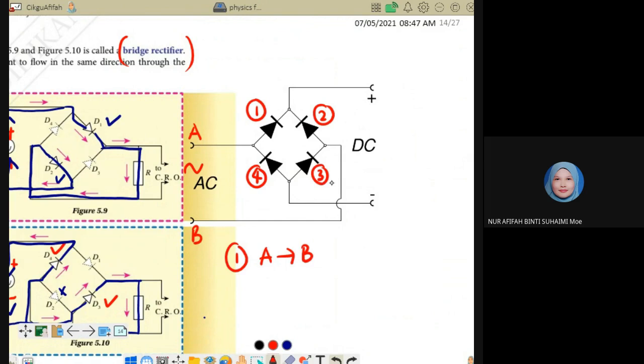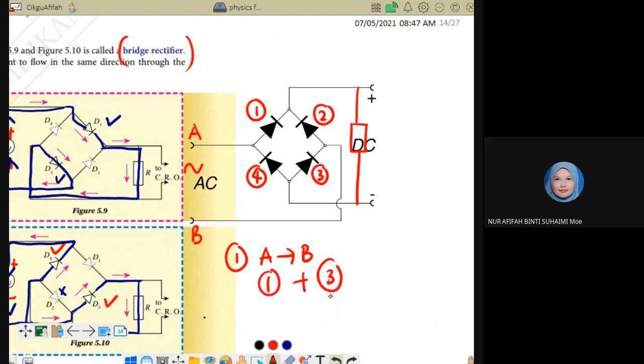Okay, diode number 3. This circuit is not quite complete. Here there is a resistor, and then the CRO, the graph. Okay, from 1 to resistor to 3 and then to B. So number 1 and number 3.